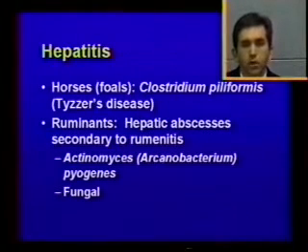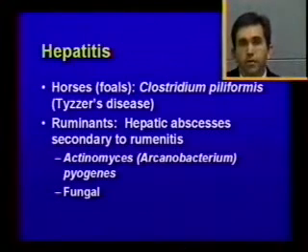Ruminants are unique in that they are prone to hepatitis due to the release of ruminal microflora, which go through the portal blood and enter the liver. And this usually happens in cases of ruminitis, also known as grain overload or rumen acidosis.